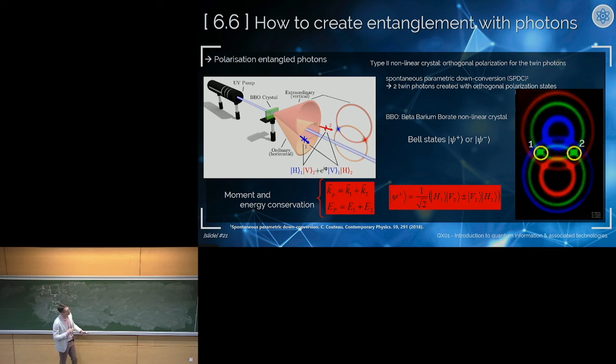This is what we call a type 2 nonlinear crystal with orthogonal polarization for the twin photons. So up to now, I do not have entangled photons. What I have so far is twin photons. Okay, so I have two photons that come out, one with a given polarization state and another one with the other polarization state. Okay, this is given by standard anisotropic optics. Okay, just trust me on that.